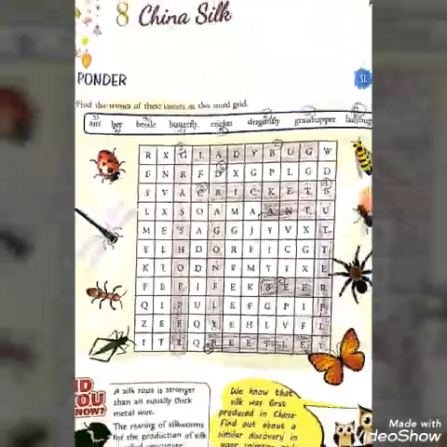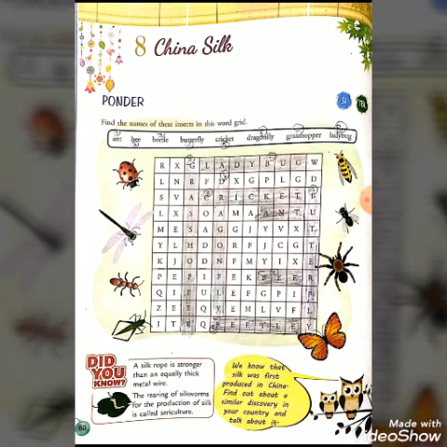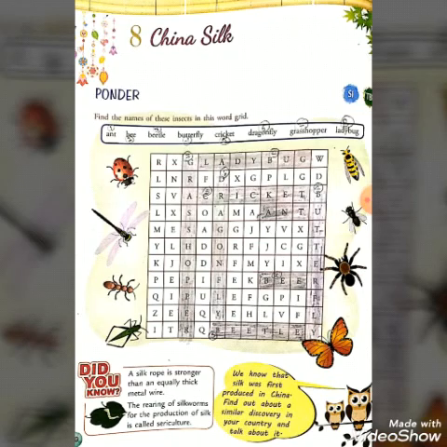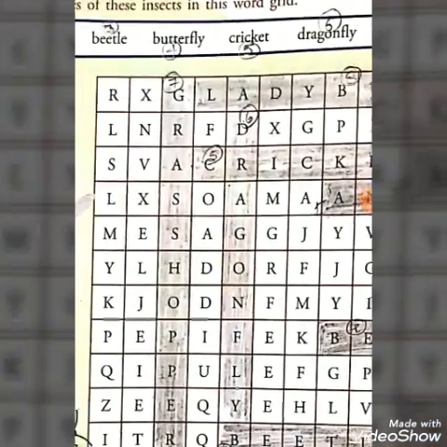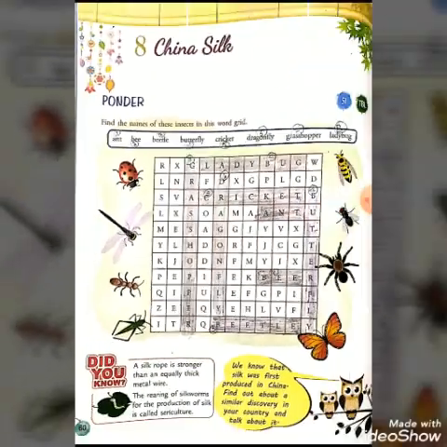Now the seventh insect is grasshopper. You can see it on your left side in the third row, G-R-A-S-S-H-O-P-P-E-R, grasshopper.